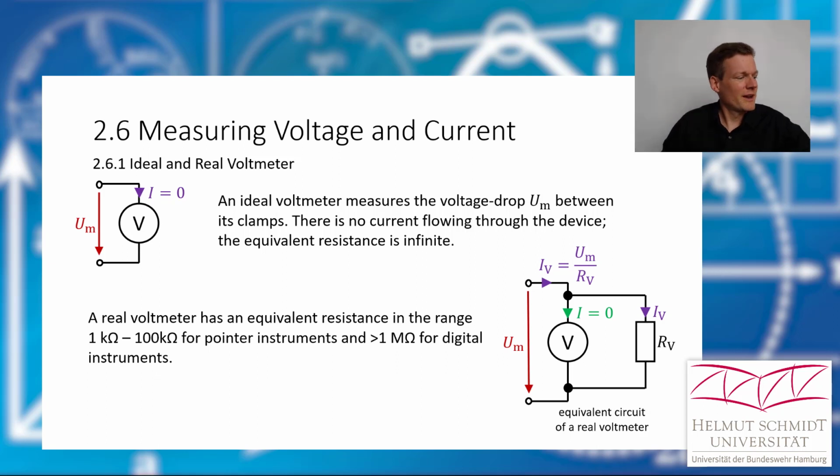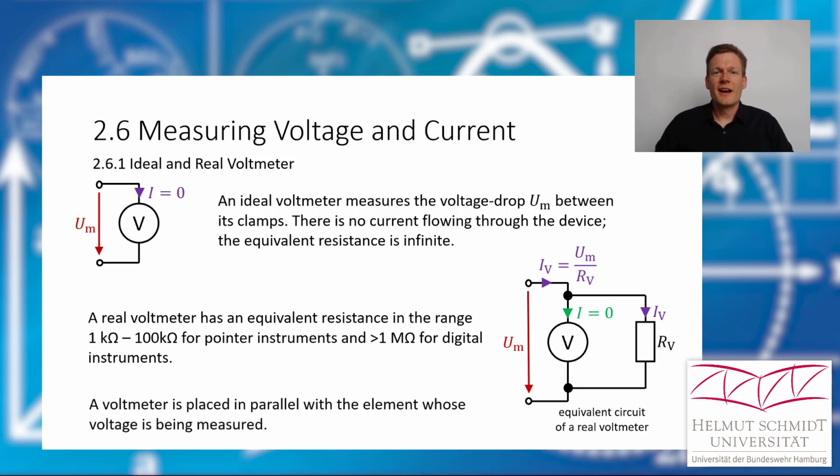And if we had digital devices like this, the inner resistance would be about 1 mega ohm. And if you want to measure voltage in a circuit, you add your voltmeter in parallel to the element where you want to measure the voltage at.